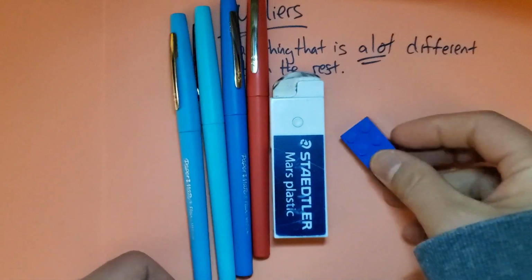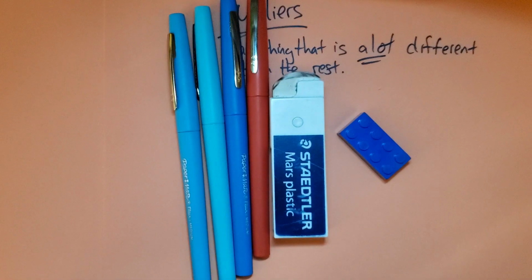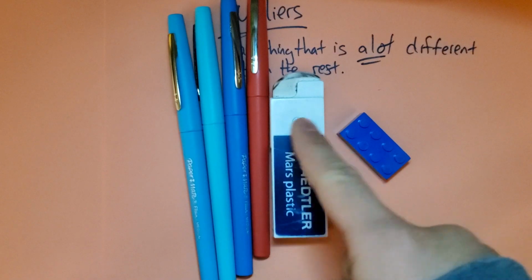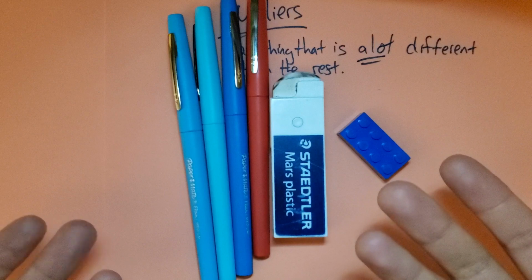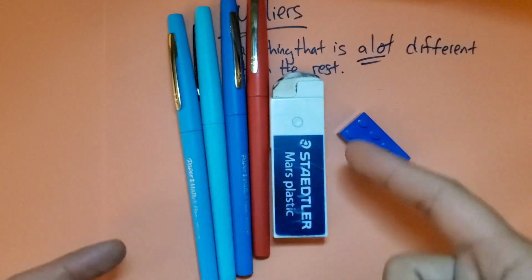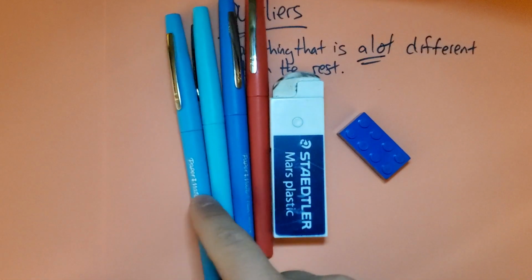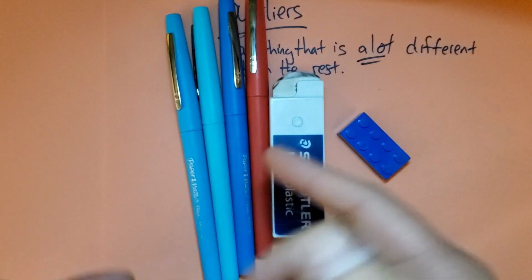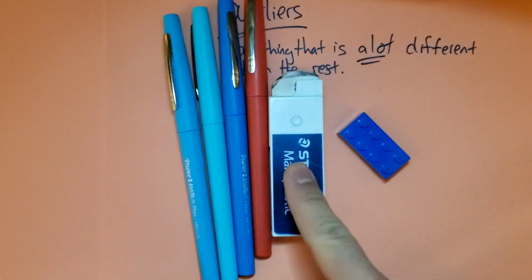what if I add in a piece of Lego? Right? So now let's look at it. I'd argue that, and a lot of arguments could be made for different reasons, for different outliers, but I'm going to argue that these are all stationary supplies, all used for school, right?